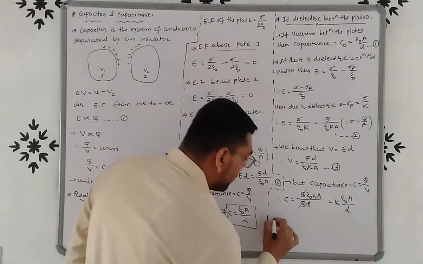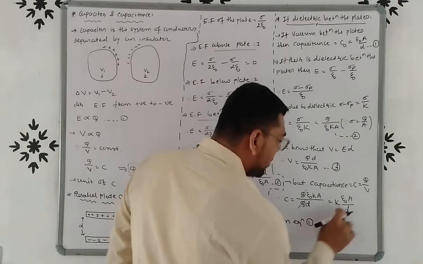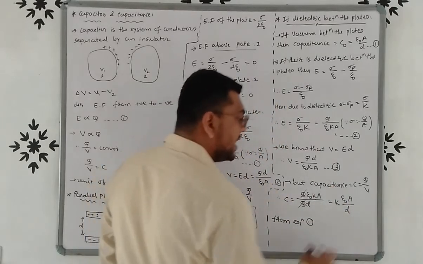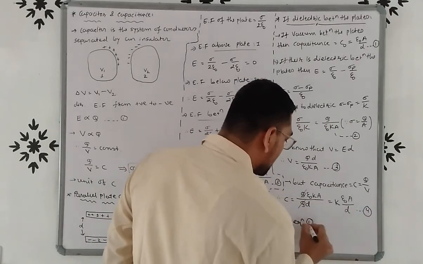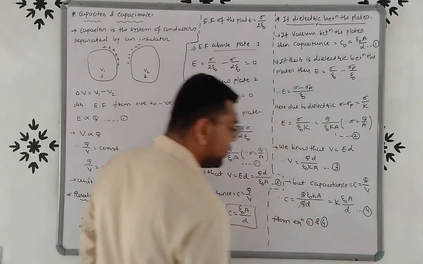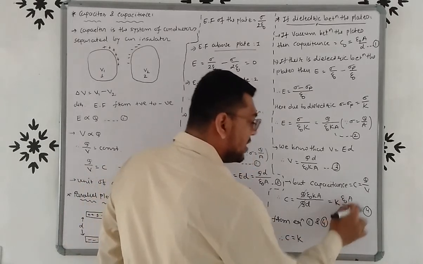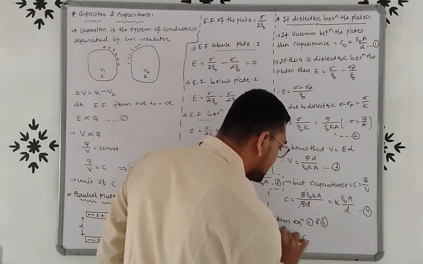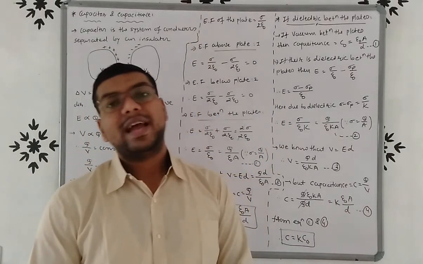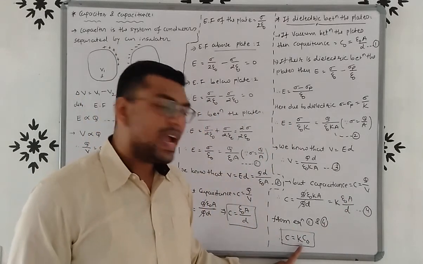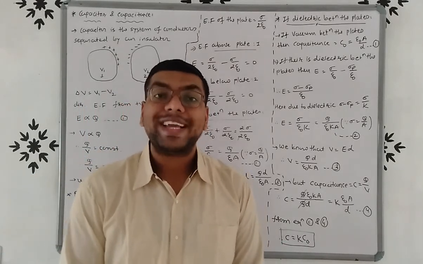So from equation 1, we know that epsilon 0 A by D is equal to C0, and this is equation 4. From equation 1 and equation number 4, we can write that C is equal to K epsilon 0 A by D, which means K C0. So C is the capacitance when dielectric is there, K is the dielectric constant, and C0 is the capacitance when vacuum is there.